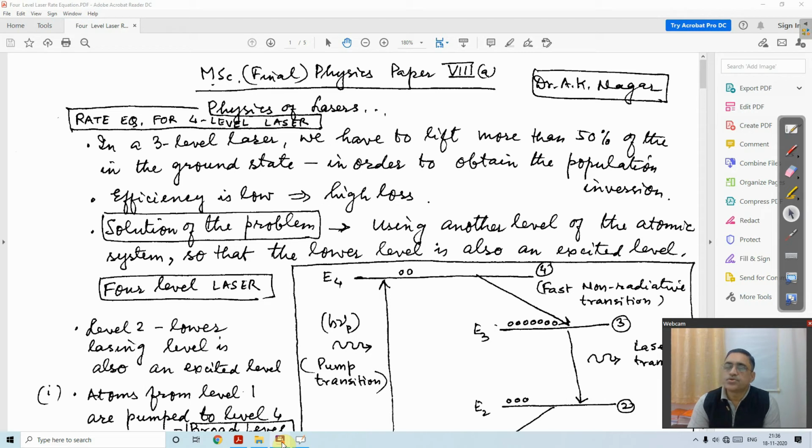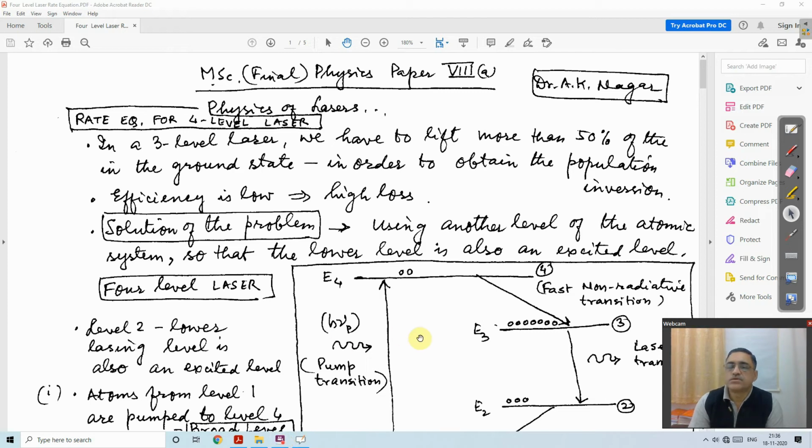The solution to this problem is using another level, which may act as a metastable level, so that the lower level is also an excited level.